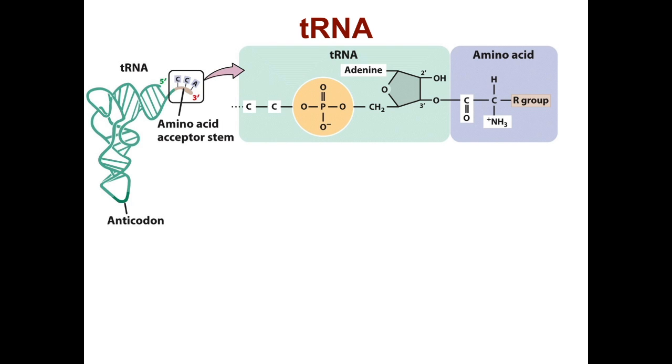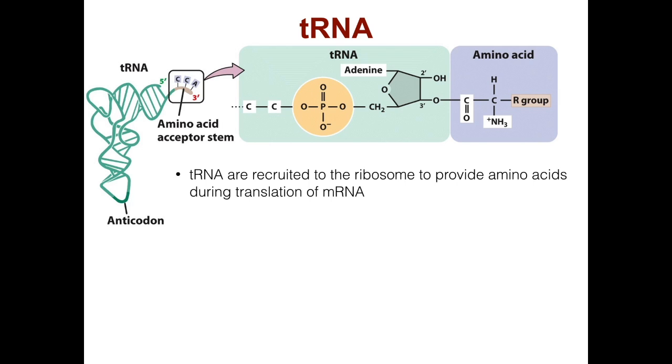Before I can explain those experiments, I need to talk to you a little bit about tRNA, transfer RNA. Here you can see a cartoon of tRNA where you have the tRNA bound to a particular amino acid, and it also has an anticodon which interacts with the mRNA.